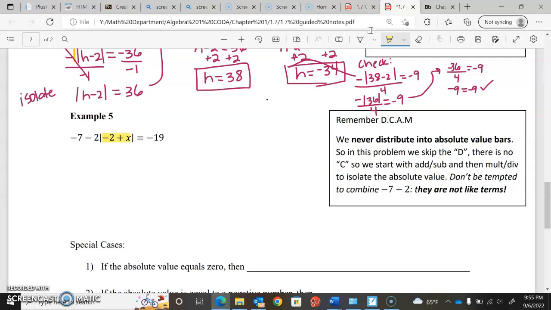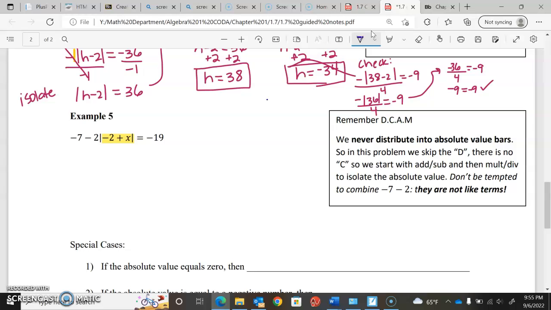As far as a grouping symbol, you do what's inside the absolute value first. But when you're solving and trying to get the absolute value by itself, and also when you're simplifying, it's not parentheses where you can distribute. So keep that in mind.